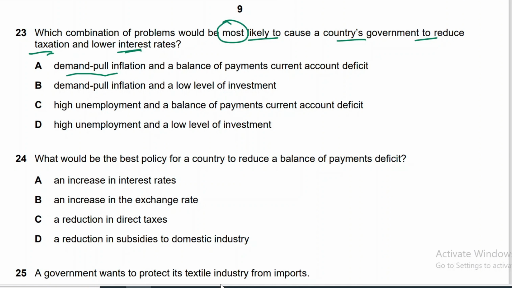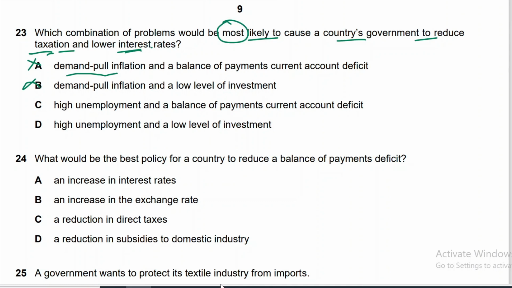So option A is not correct, because lower interest rate and lower taxation will not cater to this issue. Demand pull inflation and low investment: again, these two policies are not helpful to control demand pull inflation.